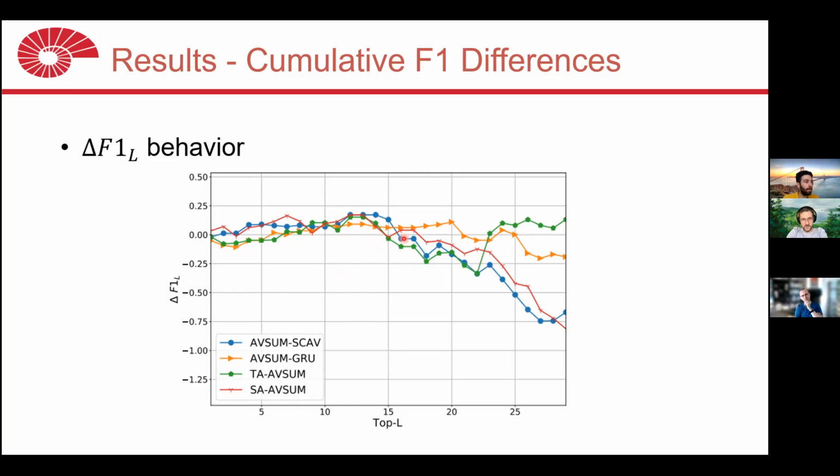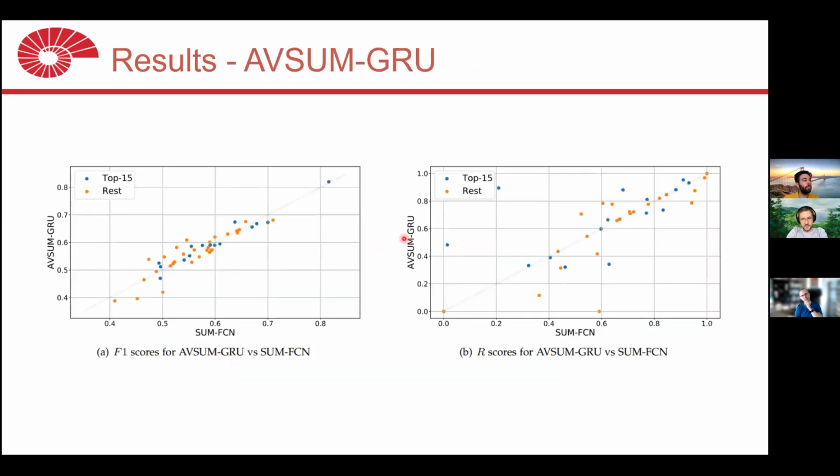Now we look into how these runner-up methods behave on the individual videos. We divide the dataset into two categories, the top 15 ones and the rest. Now we are showing the performance of this enhanced architecture, Awesome GRU, against the baseline.